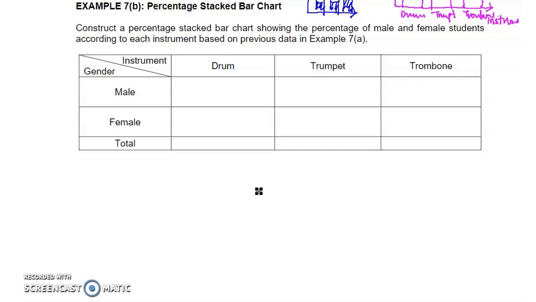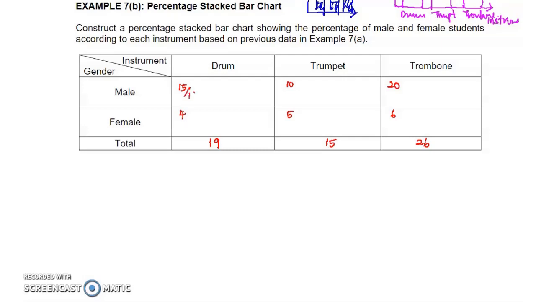Okay, so just now drum is 15, male drum 15, so 15 for total 19. Trumpet 10 here just now, 5, total 15. Trombone 20 and 6, total 26. Okay, find the percentage.